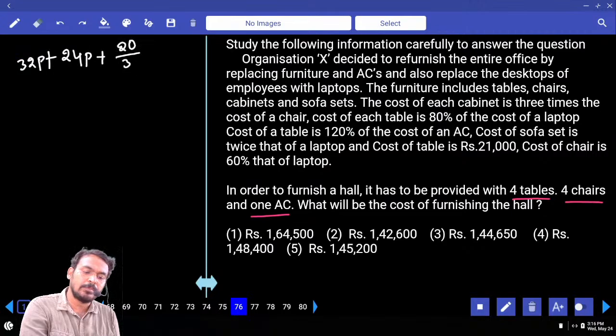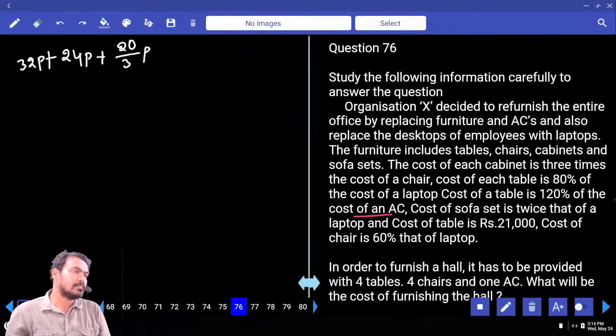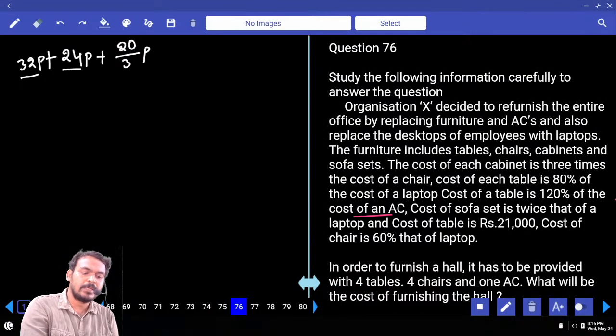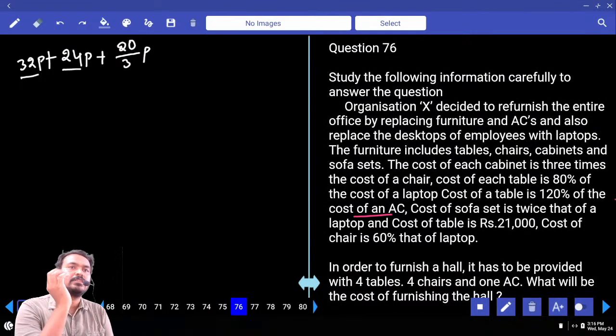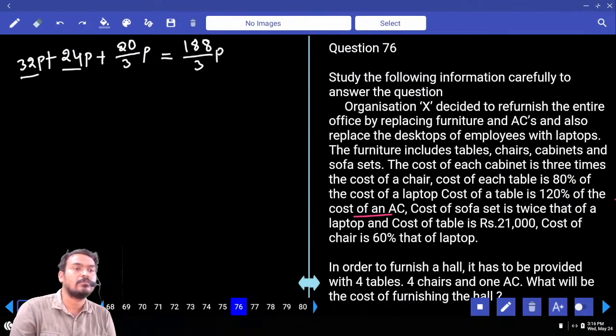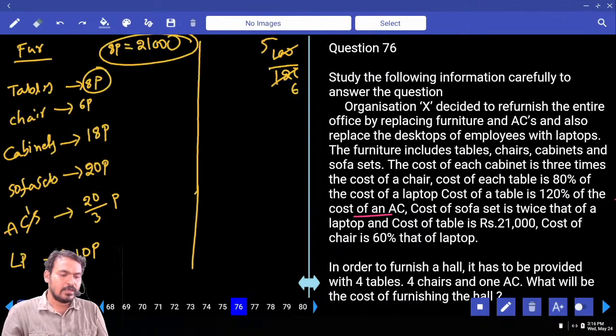Adding all these, 32 plus 24 is 56, plus 20 by 3. 56 3s are 168, plus 20, 188 by 3 parts.